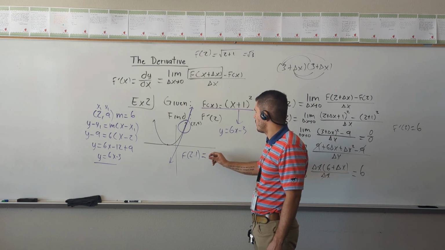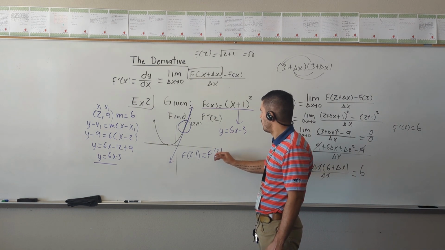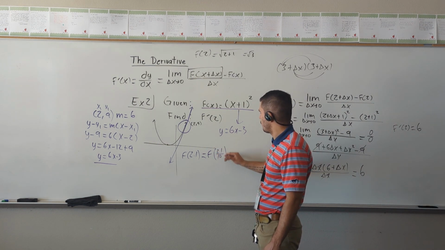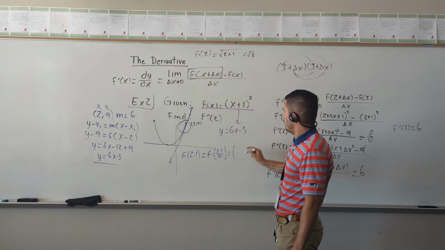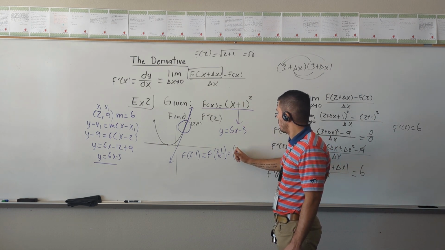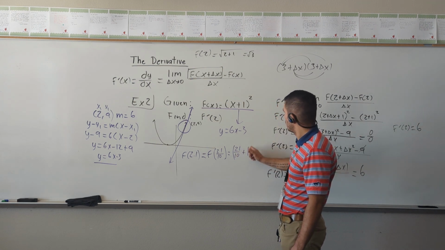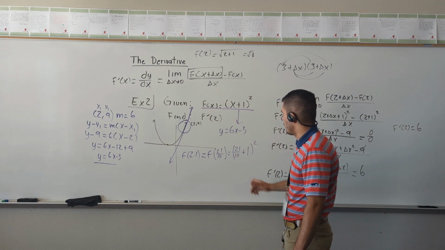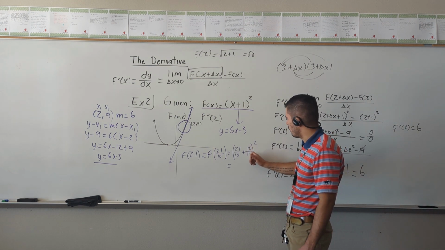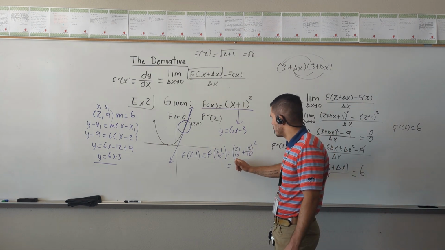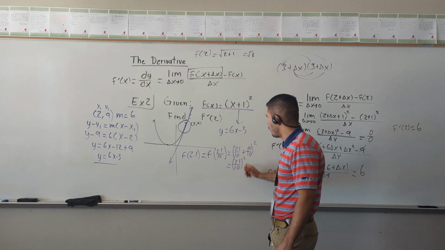So 2.1 is the same thing as saying 21 over 10, right? All right, so what does that mean? That means I'm going to have 21 over 10 plus 1, and then square that, right? I'm like, okay, well, what is that equal to? Well, we know that 1 is the same thing as 10 over 10, so I can add those up. So that gives me 31 over 10 squared.